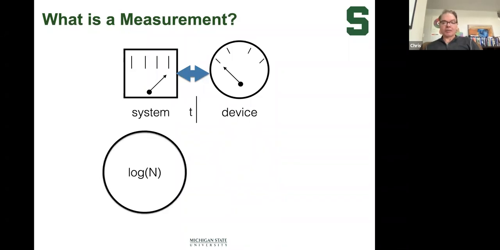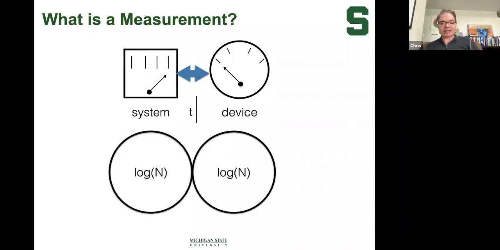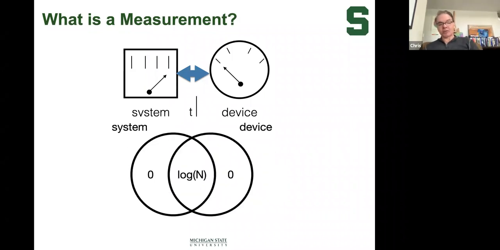Or, if you do it information theoretically, you would say that the system has an entropy. It has n states, so the entropy is log n, and the device also has n states. These are the n states that you can resolve. Of course, the system could have more states. After you make them interact, you have this Venn diagram with a shared entropy, which is the information that you extract.